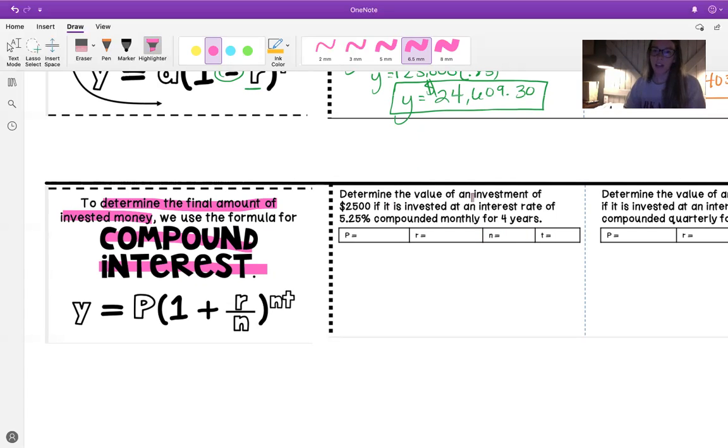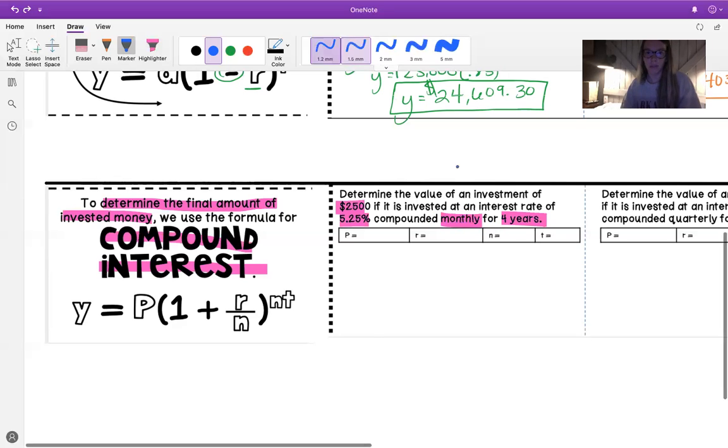So determine the value of an investment of $25,000 if it is invested at an interest rate of 5.25% compounded monthly for 4 years. Okay, so this little part right here where it says monthly.